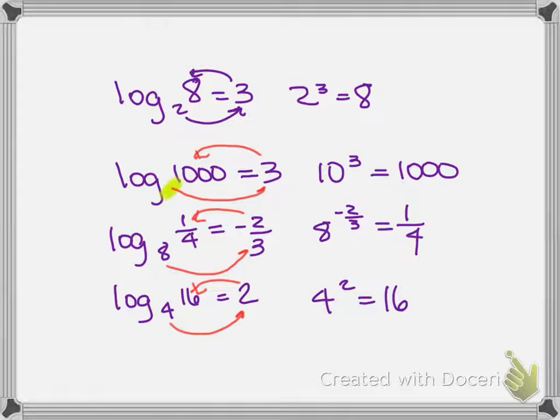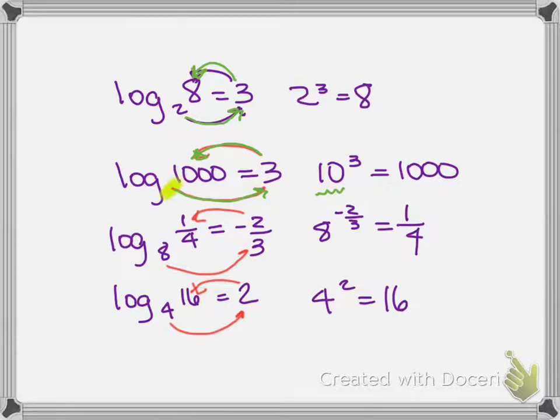Now let's go backwards. Given a log function, how could we write it as an exponent? The log base 2 of 8 is equal to 3, so now I know 2 to the third is equal to 8. The common log of 1,000 is equal to 3. Since it's a common log, I know that it's a base 10, so 10 to the third is equal to 1,000.